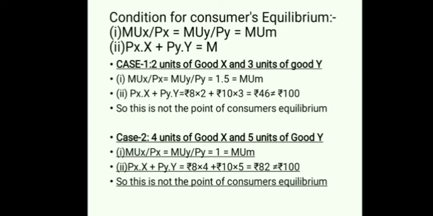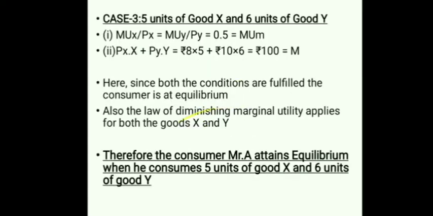So this is not the condition of consumer's equilibrium. In the second case, the consumer can consume 4 units of good x and 5 units of good y. In this case, Px into x plus Py into y will be rupees 8 into 4 plus rupees 10 into 5, it is 82, still not equal to 100. So this is also not the condition of equilibrium.